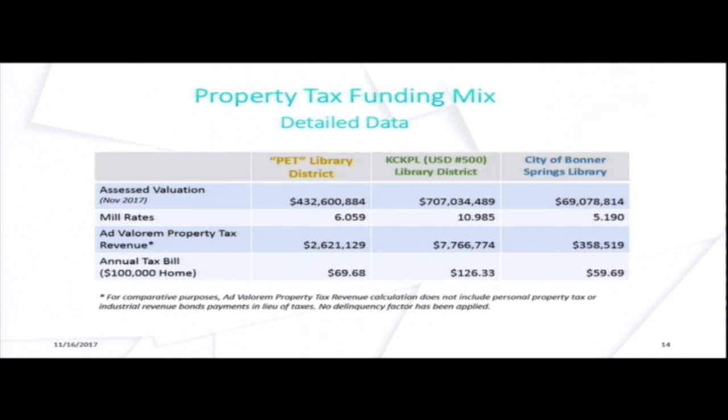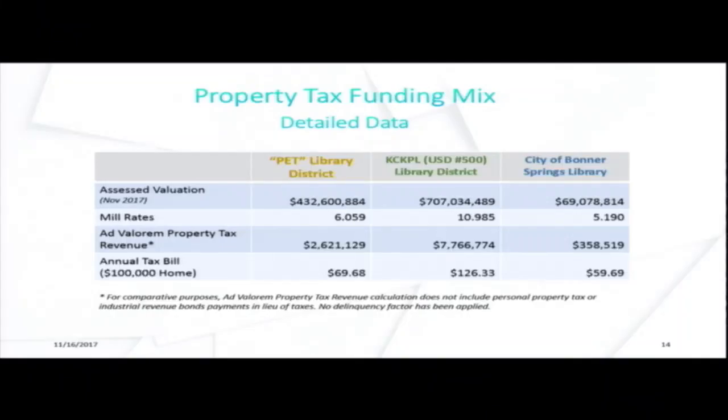But I did want to note that that seems like a lot, but you must keep in mind that they encompass a smaller amount of the total boundaries of the county than what you're used to talking about as the UG commissioners. So the assessed value for the library district is $432 million, and the Kansas City, Kansas Public Library System is $707 million.